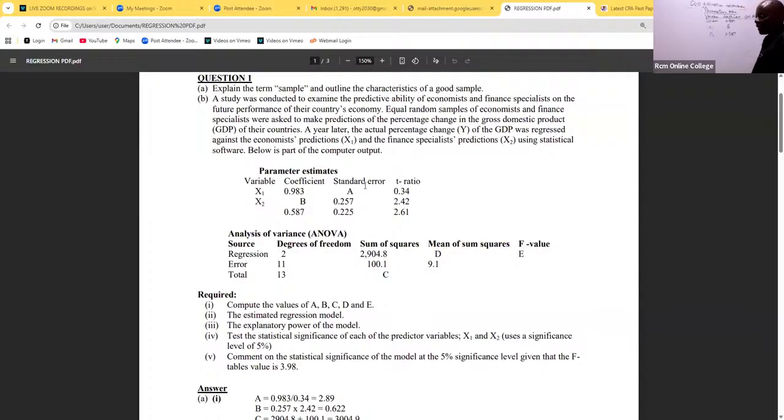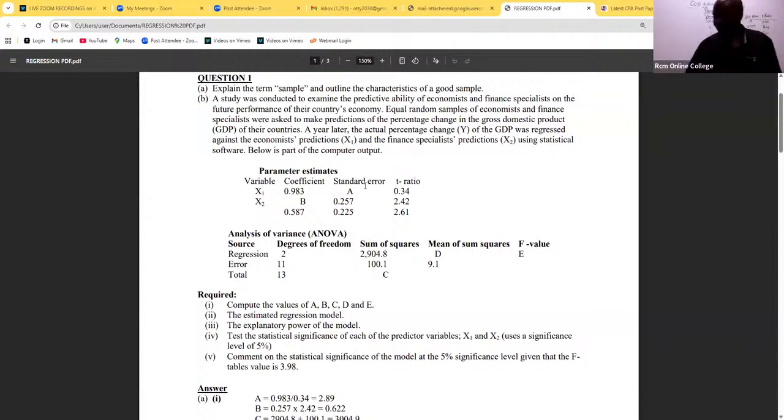Then we have the standard error. The first one there is A, 0.257. Then we have 0.225, 0.225. Then we have 0.34, we have 2.42, sorry. And then lastly, 2.61. So kindly copy this table down.